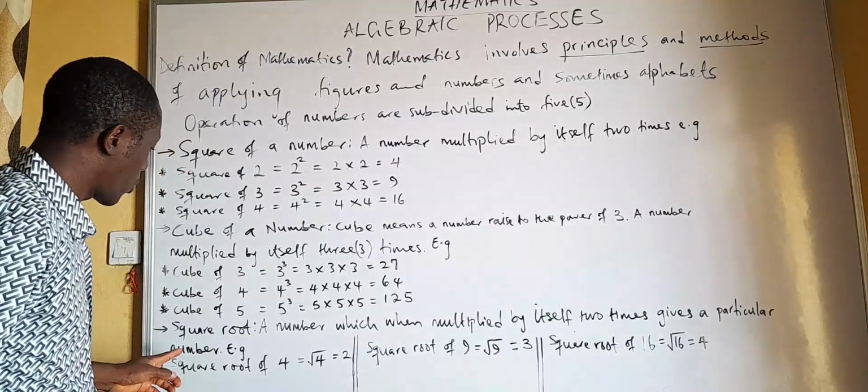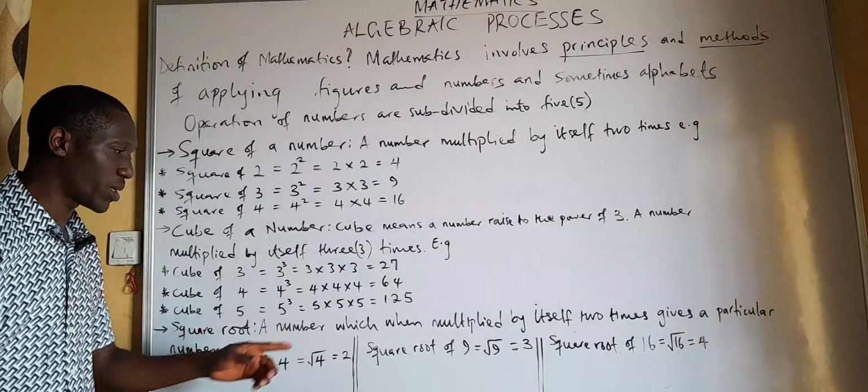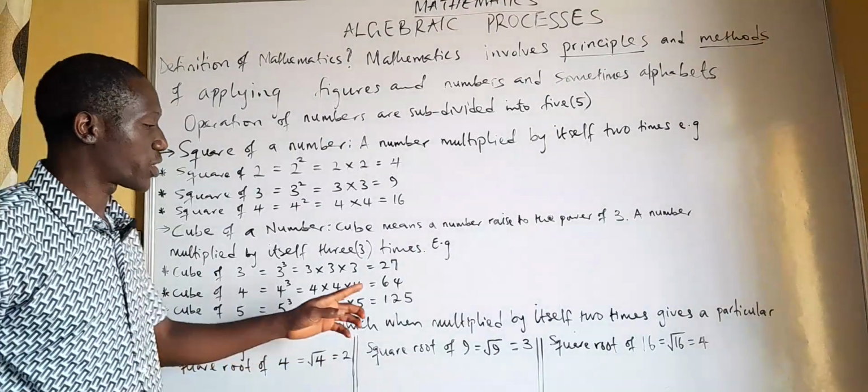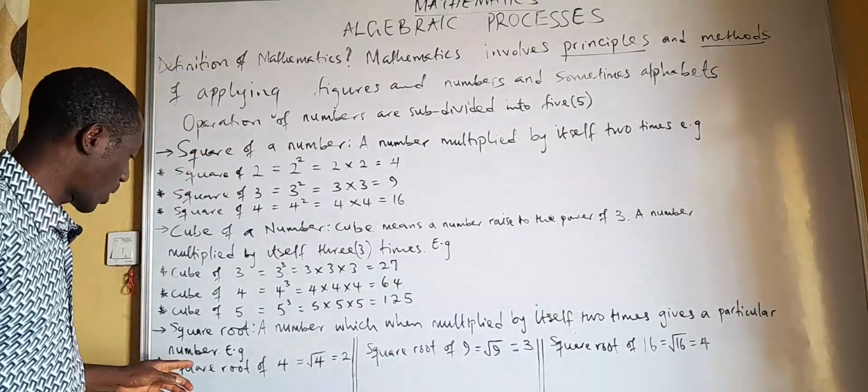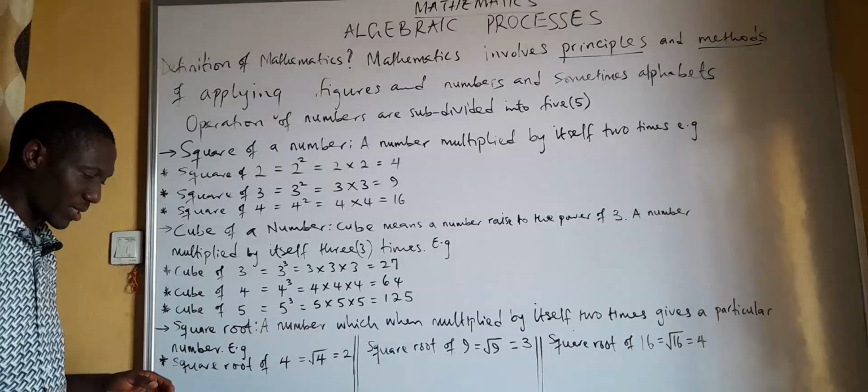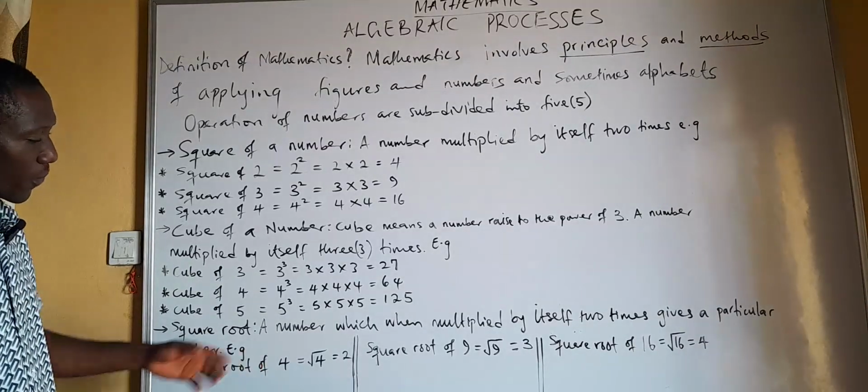So the square root is a number which, when multiplied by itself 2 times, gives a particular number. And the example is square root of 4.